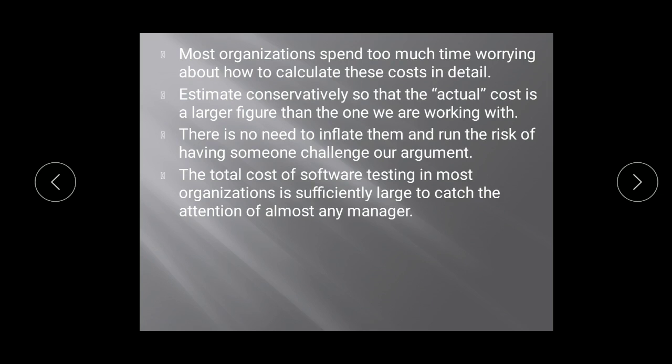So estimations will help make proper decisions, as they have suggested. Estimations means we are giving a variable input: suppose 100 rupees is my investment, I will say it is somewhere around 120, so that while the process is going on, the actual cost is a larger figure than the one we are working with.